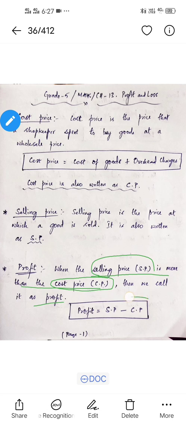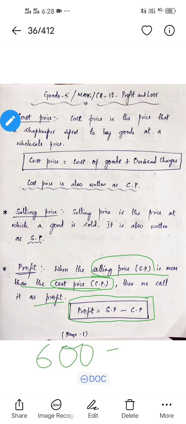So profit you find out by this formula, selling price minus cost price. The selling price is 600 and I bought the shoe for 500, that is the cost price. So 600 minus 500 is 100, so I'm making a profit of rupees 100, right?